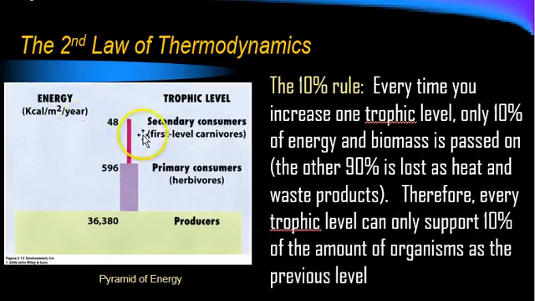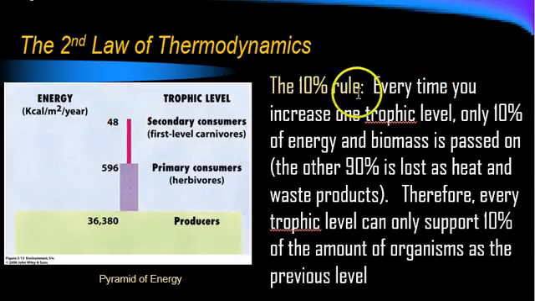This is really helpful because this shows us exactly how much energy is left on each level. And you can see that that decreases dramatically as time goes on because of that second law of thermodynamics. We're losing most of this as low quality energy as heat back to the environment. So there's something called the 10% rule.